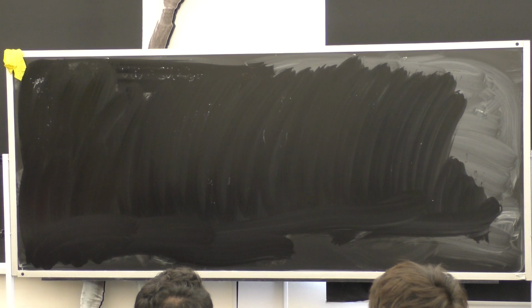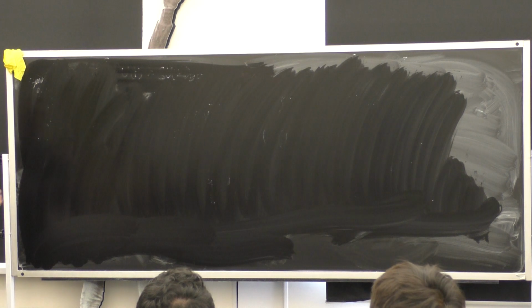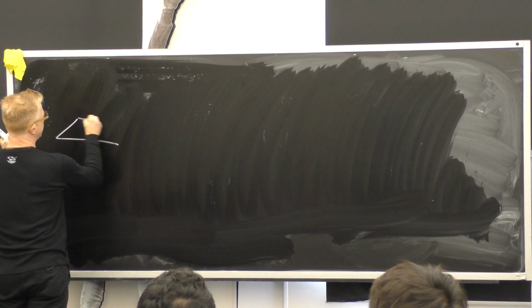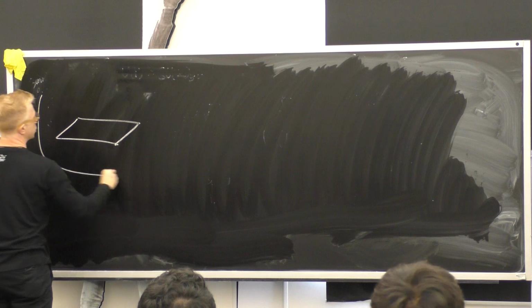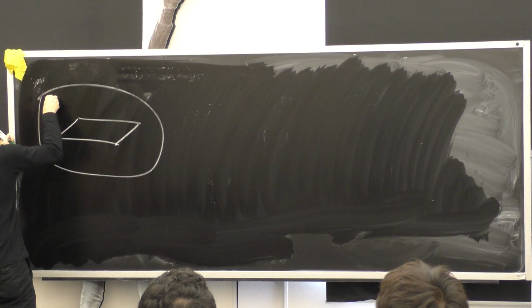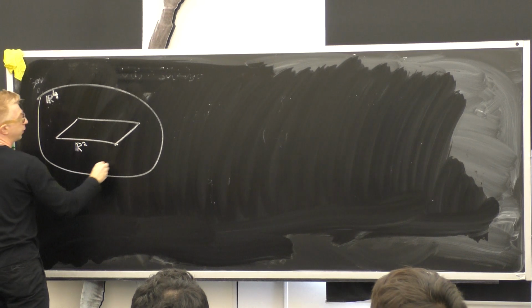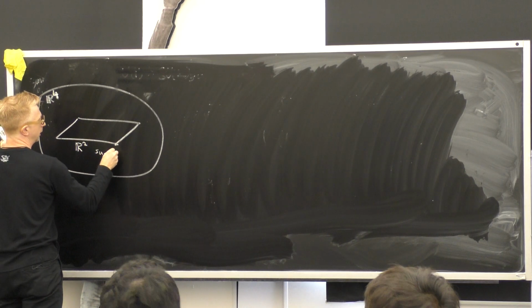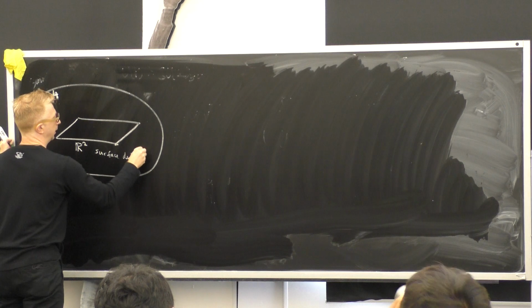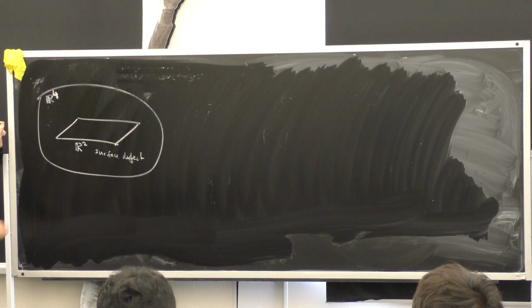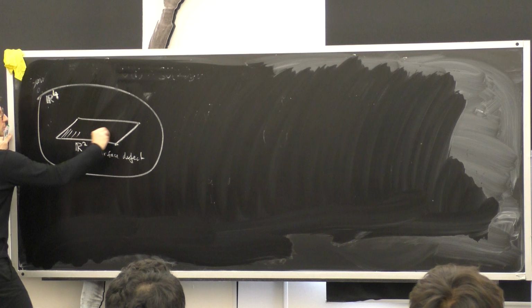roughly as saying that, in the presence of a surface defect, you have a four-dimensional theory. So this is four-dimensional ambient space. And inside it, you have this surface defect. And there's some life which happens on this defect.